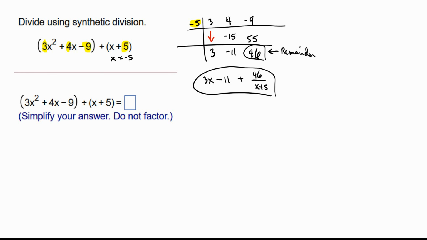You can work the one that is required, but then you can work it the other way just to make sure that you got it right. So here, you're going to write that as 3x minus 11 plus 46 over x plus 5.